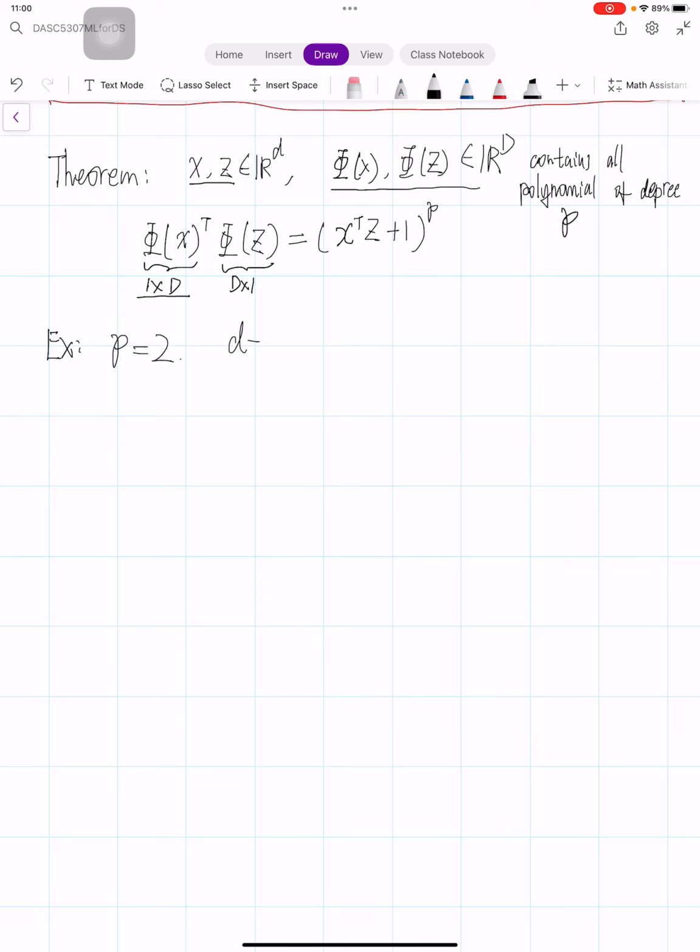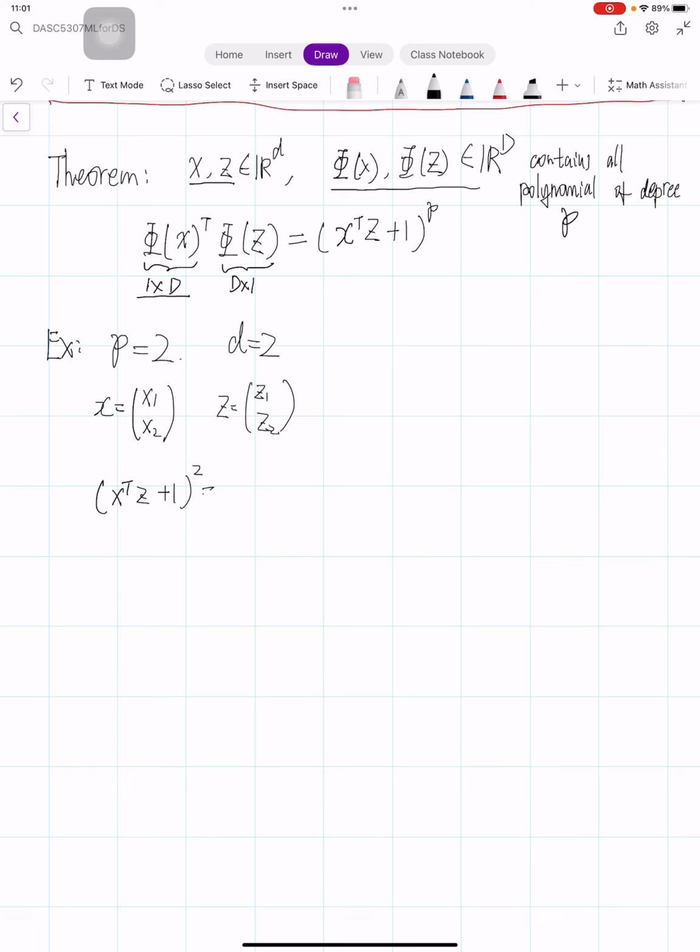Originally we only have 2 features. So if we have a new data point x, it has feature 1 and feature 2, and z also has two features, z1 and z2. Let's compute x transpose z plus 1, squared.